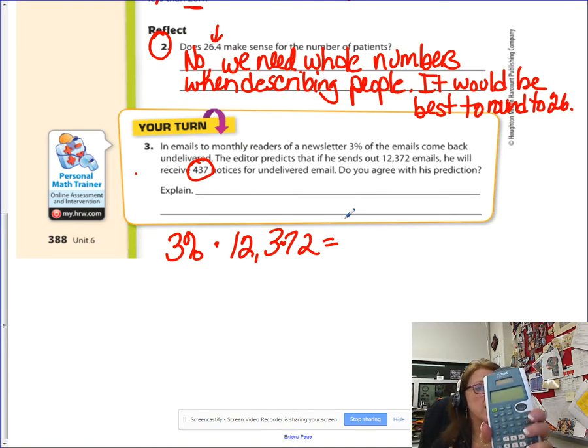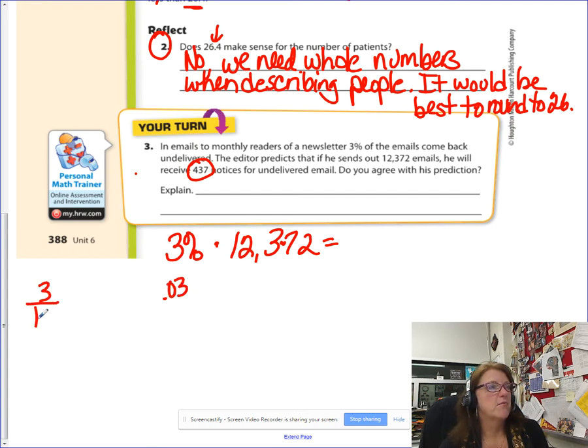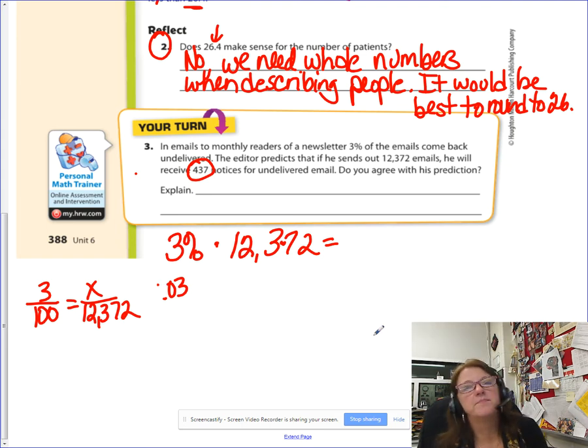We need to take our experimental information, that 3%, or if you like decimals, 0.03, or if you prefer proportion way, take 3/100ths equals how many out of 12,372. Yikes, yikes, yikes. Okay.